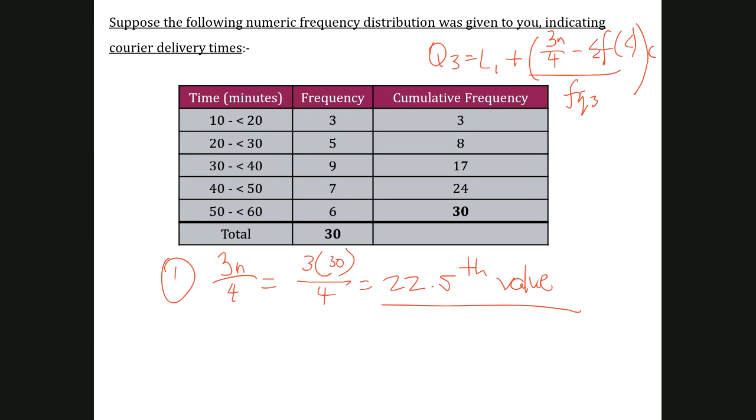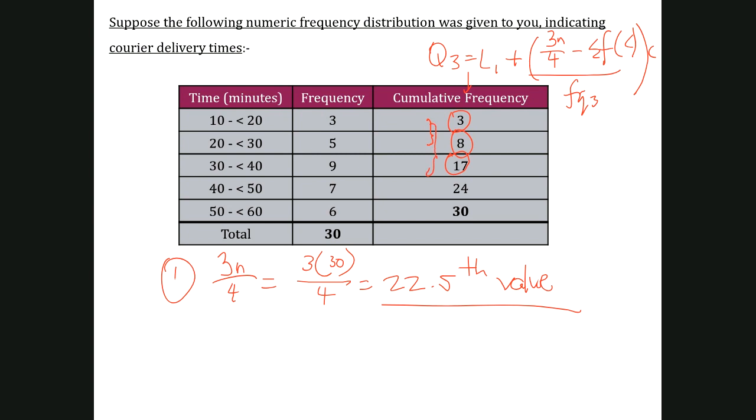Again, if you are looking at your cumulative frequency column, you're going to look for between which two cumulative frequencies you found that 22.5 was accommodated. So if you look at this cumulative frequency column, it's saying to you so far there's 3 values. Then in the first 2 categories, it is 8 values so far. Then 17 is saying to you in the first 3 categories, there are 17 values.